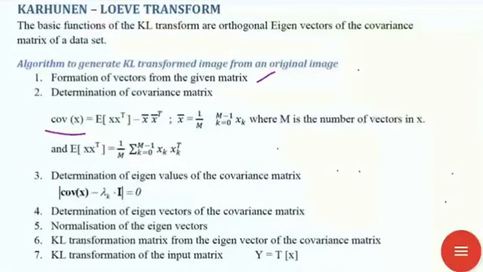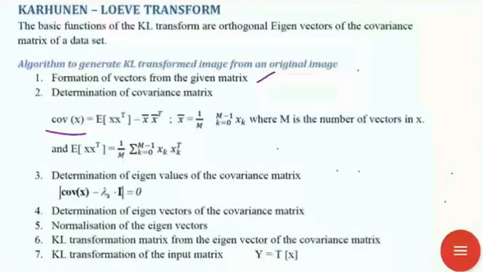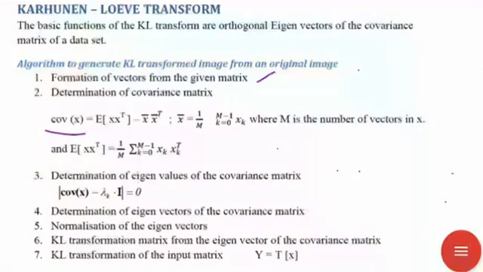And then E of x x transpose is nothing but 1 by M summation k equal to 0 to M minus 1 of xk xk transpose. By using this formula, determine E of x x transpose and then substitute both the E value and x bar x bar transpose. Then you can get the COV of x.